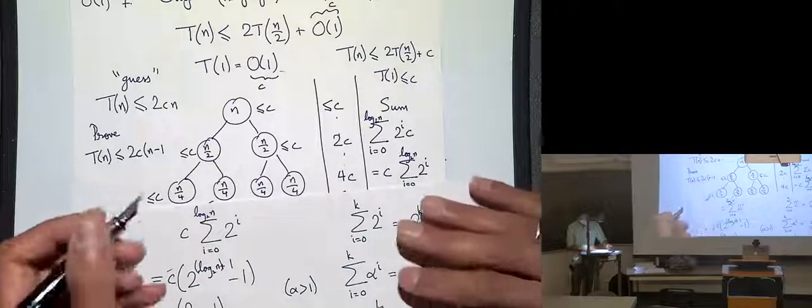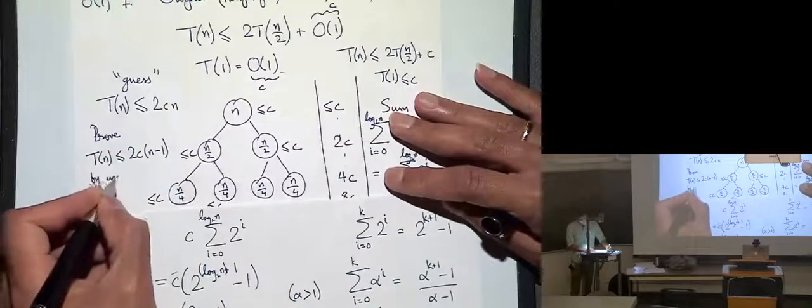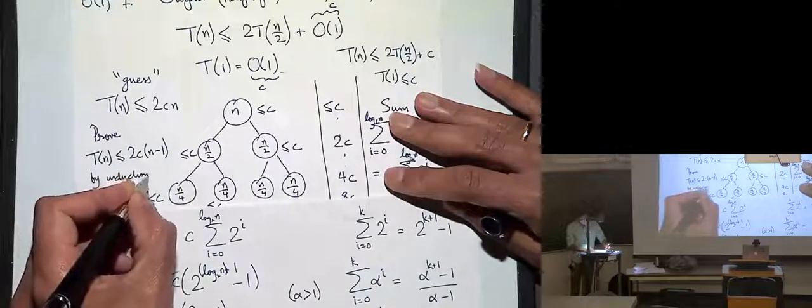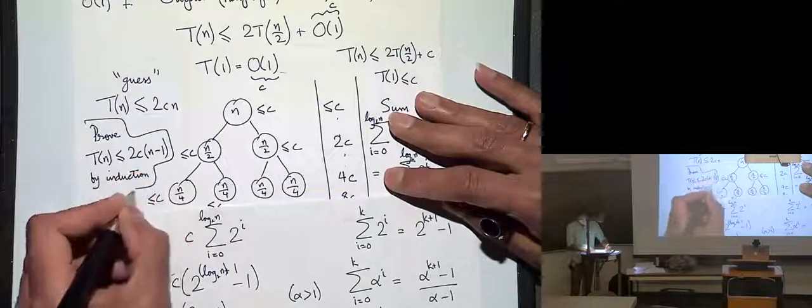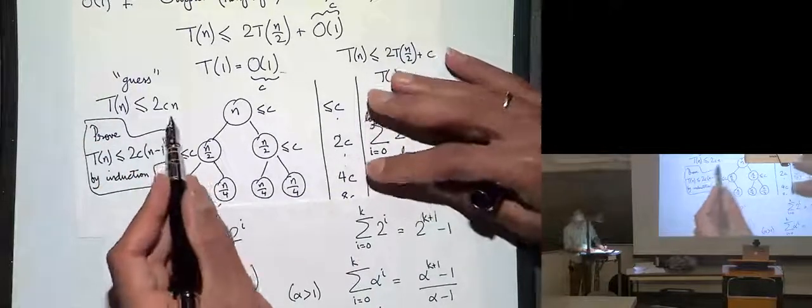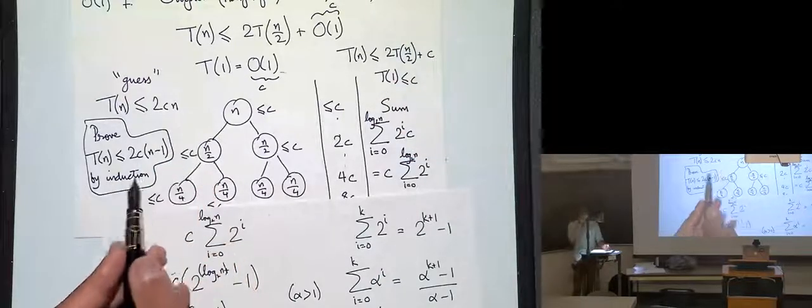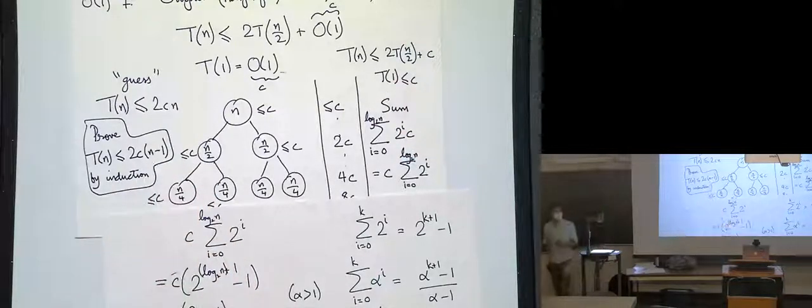I think this should be correct, but you can prove this by induction. What's kind of weird is if you try to prove 2cn directly, you get stuck, but if you prove 2cn minus 1, then that goes through. You'll see when you do the proof.